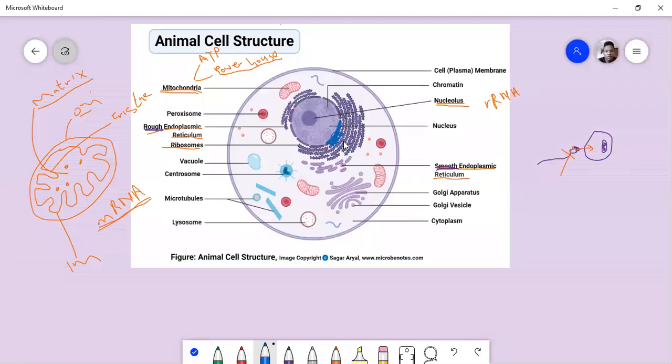You don't have to say rough or smooth, just say endoplasmic reticulum. Are we clear? The endoplasmic reticulum serves as a circulatory system of the cell, meaning it transports proteins.